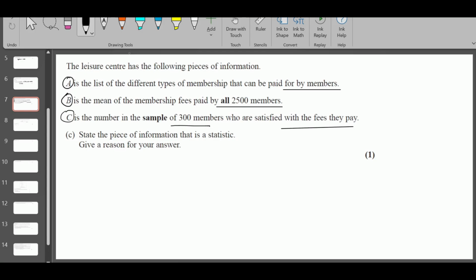You need to remember the definition. A statistic is a quantity calculated based on a sample and it shouldn't contain any unknown population parameter. A is a population parameter of all the members. B also covers all the members. C is from the sample. So C is the statistic.